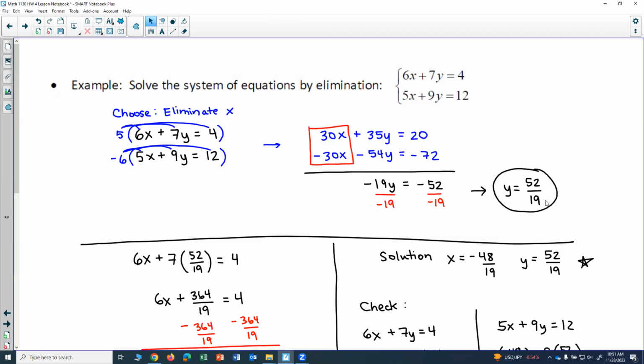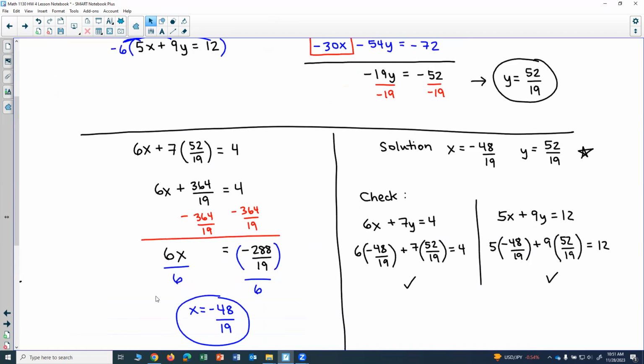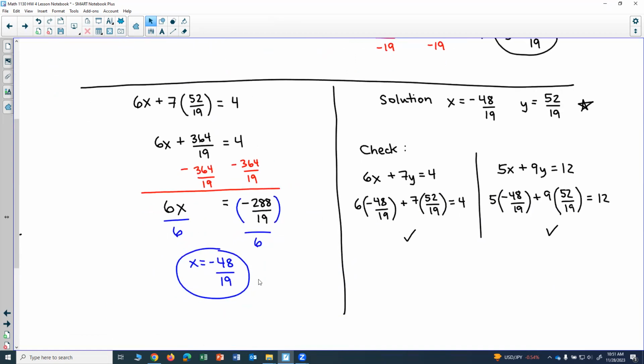I solved for that value. To get the other variable, I plugged that value into either original equation and then solved for the missing variable. So solved for x in this case. And then my last step was checking my solution by plugging in that x and y value into both original equations and making sure it checked out.